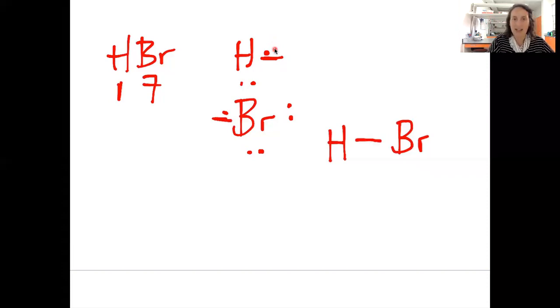And bromine has how many electrons remaining? 1, 2, 3, 4, 5, 6. Sorry, so it has 6 electrons remaining. So you would put those dots around the bromine.